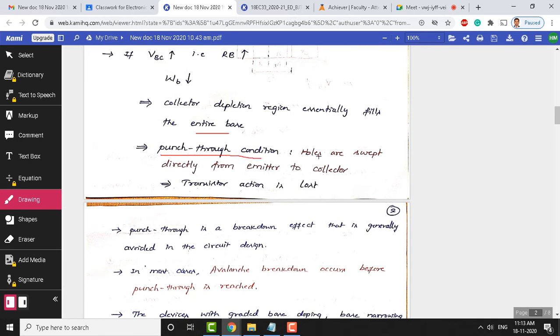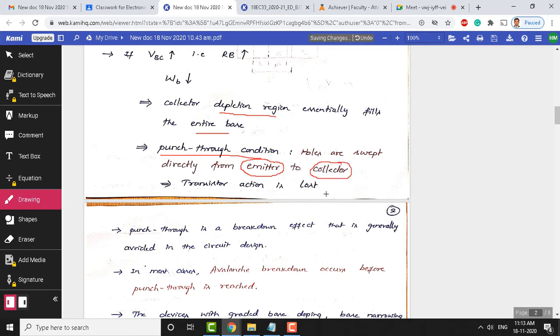Punch through means holes are swept directly from the emitter to the collector, since the base is occupied by this depletion region. Now the existence of the base region is equivalent to the depletion region. Because of that, charges injected from the emitter move straight away to the collector without the role of the base.